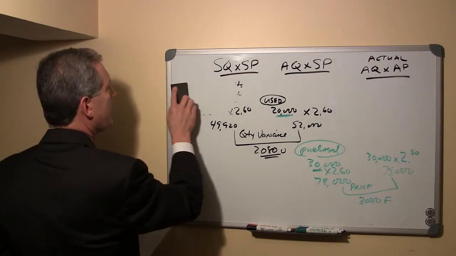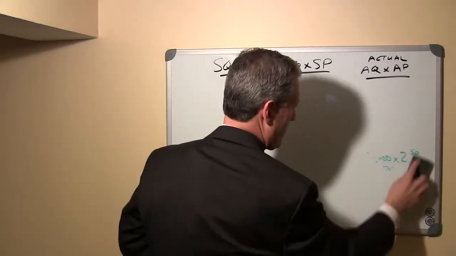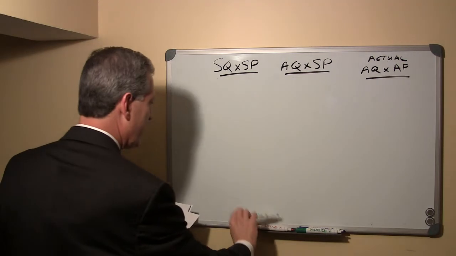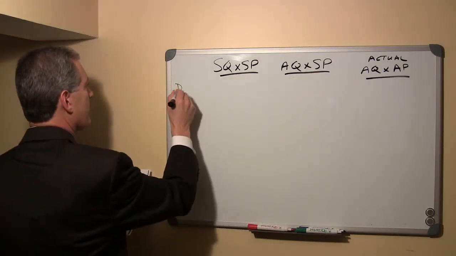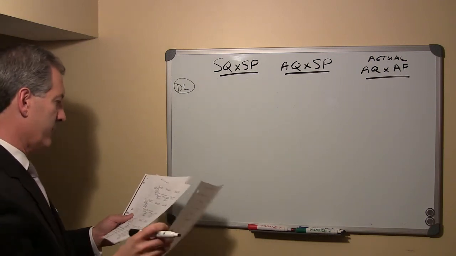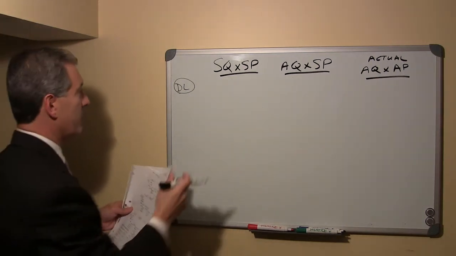Let's go on and let's look at direct labor. Direct labor variances. Again, we have 4,800 units.